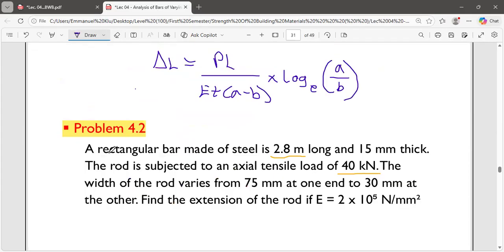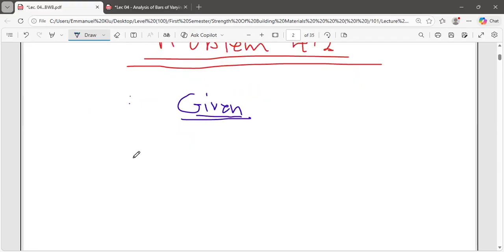The question says that a rectangular bar made of steel is 2.8 meters long. So the length is equal to 2.8 meters. And what is going to be this dimension in millimeters?